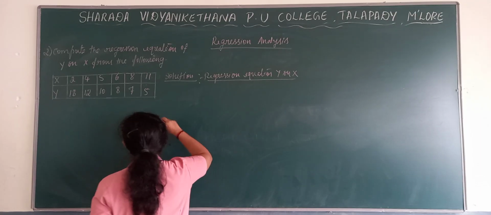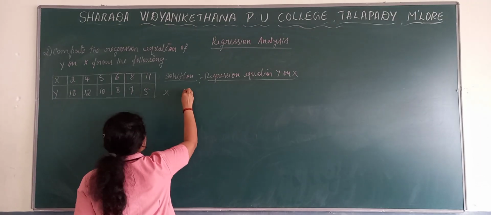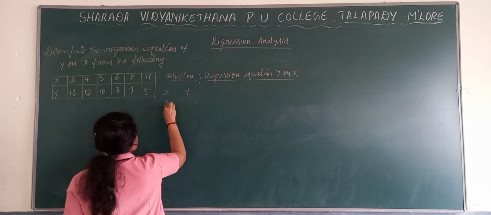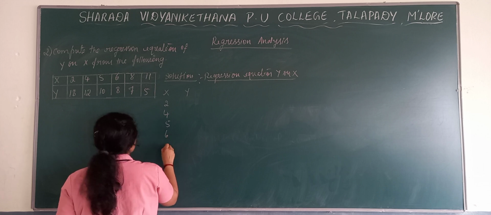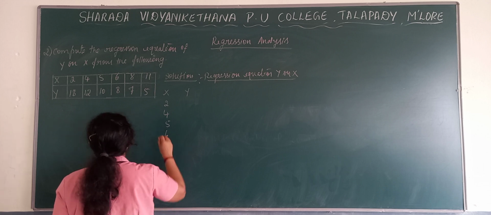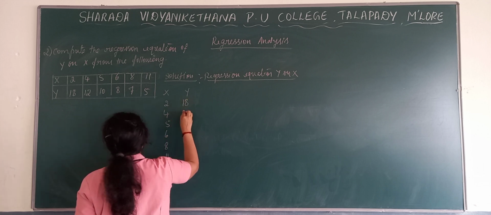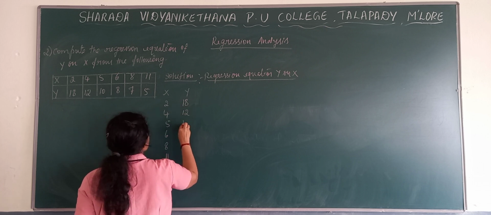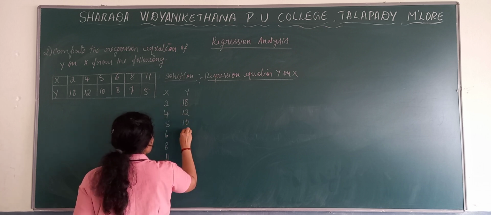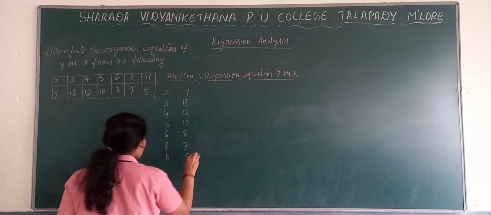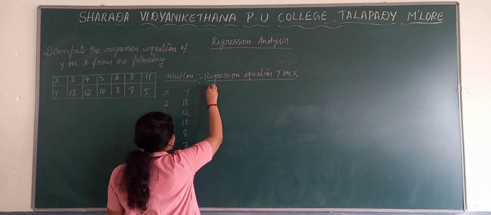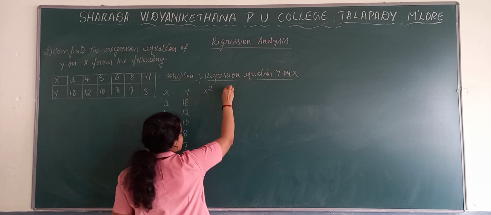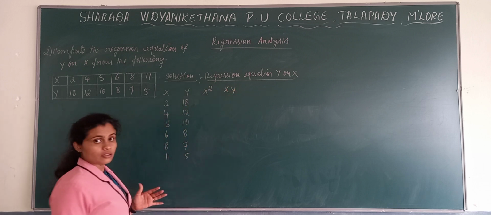Now first we will write the given values of x as well as y: x is 2, 4, 5, 6, 8 and 11, and y is 18, 12, 10, 8, 7 and 5. Next we require x square and x into y.